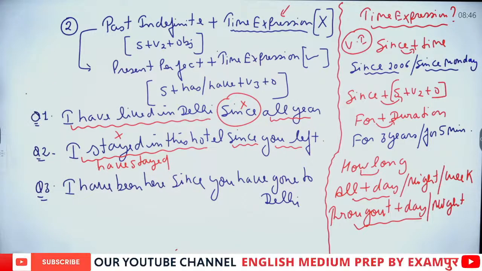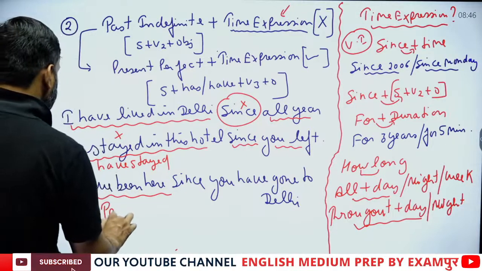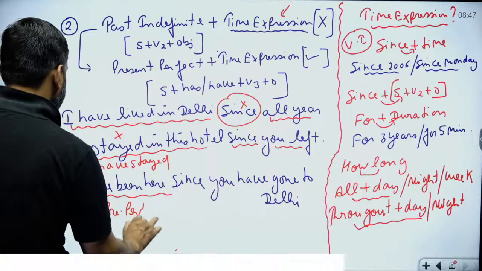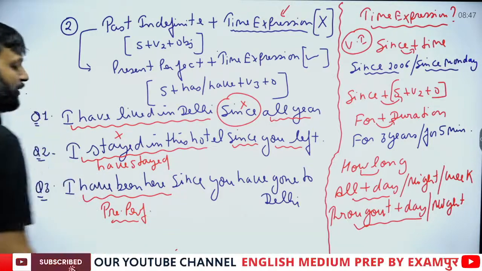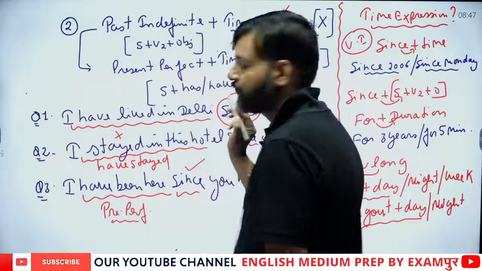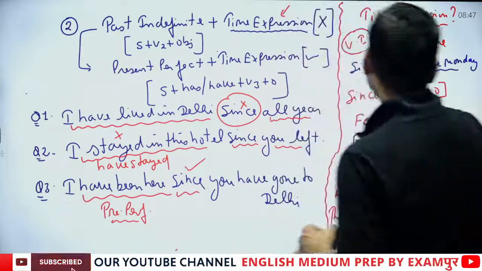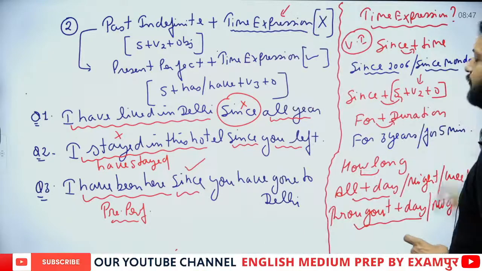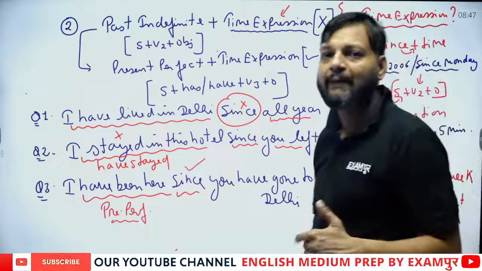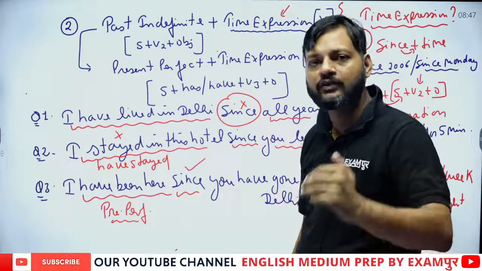Right? Now in the third sentence, I have been here. Okay, this is present perfect. I have been here, this is present perfect, wonderful, no problem. Then we have since, okay, correct, no problem. But since is always followed by past indefinite, because only past indefinite refers to the time.